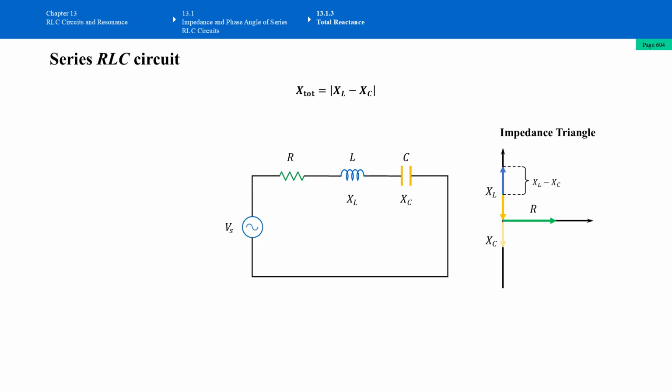So this is XL minus XC in this case. Actually, we are not really interested in the direction. We are more interested in the magnitude. Therefore, we are finding the absolute value of XL minus XC. This is called the total reactance of this RLC series circuit.